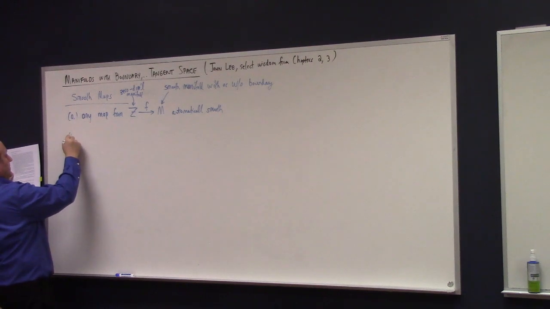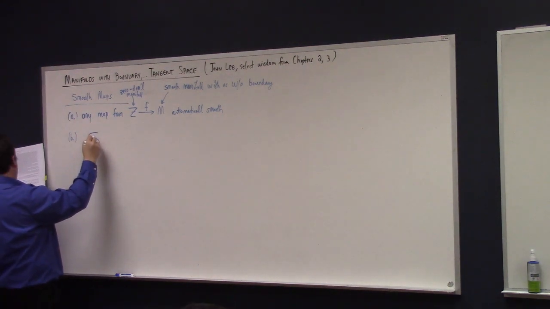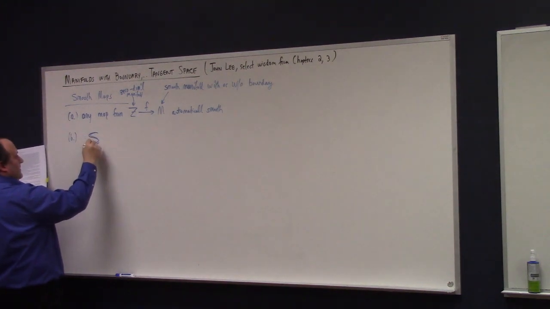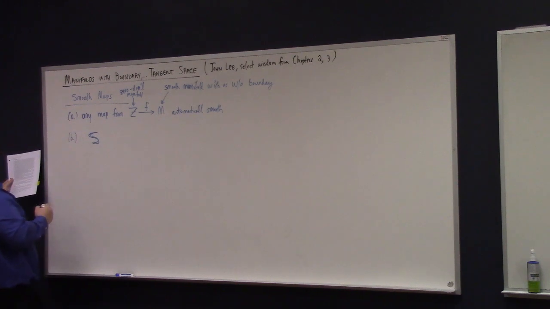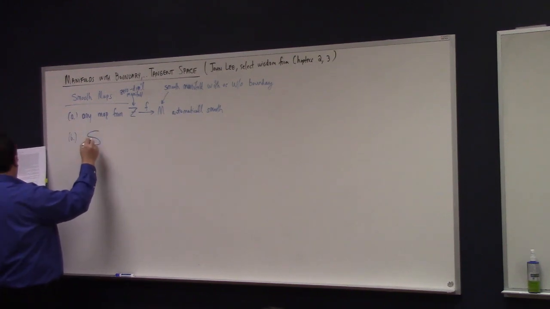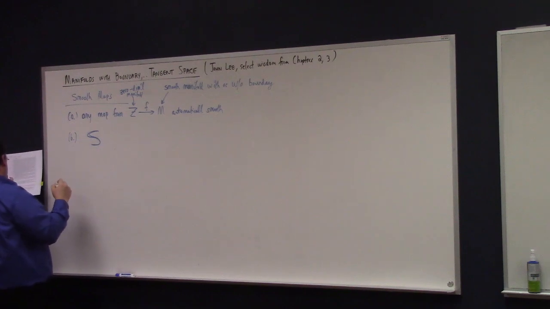Part B, if we have a circle S1, I don't know if I can draw that. I want to learn how to draw that. How do you draw that? I've got like a double S. My double S's never work out well.